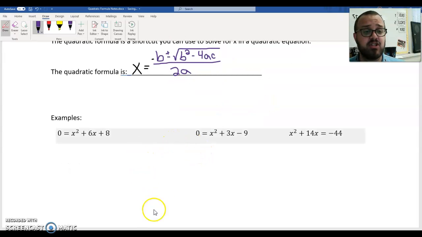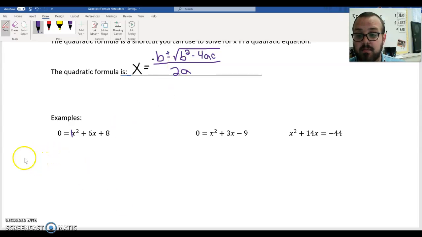So the first thing you want to check is to make sure that your equation actually equals 0. For the first two, we see that. For the last one, we're going to have to do something to make that happen. But then you just take those values of a, b, and c, and plug them into the formula up there. So for this one, my a value would be 1, my b value would be 6, and my c value would be 8.